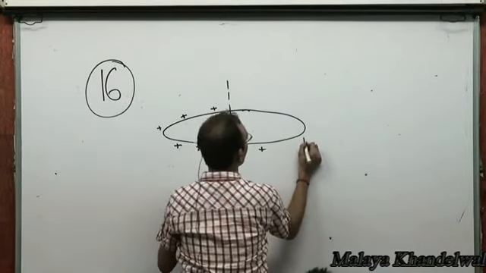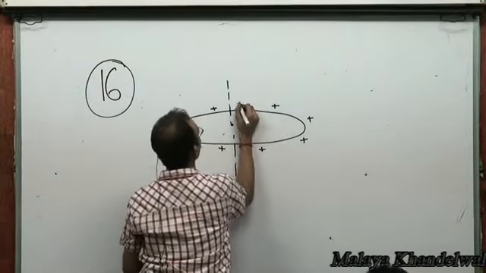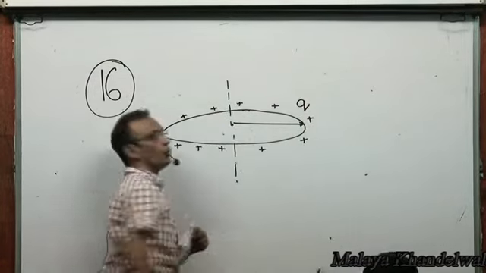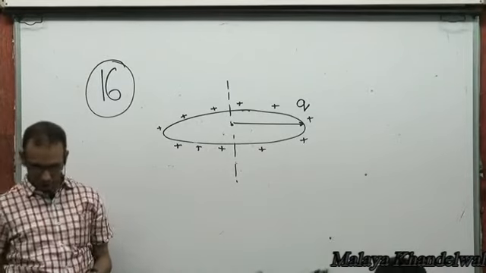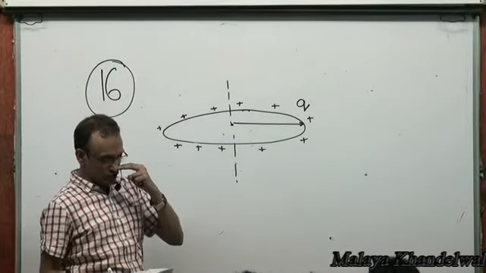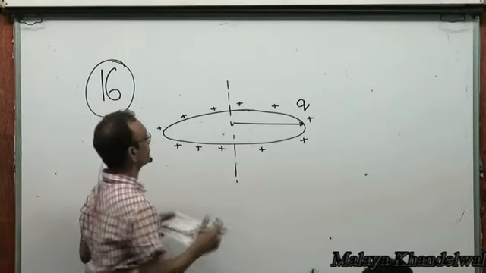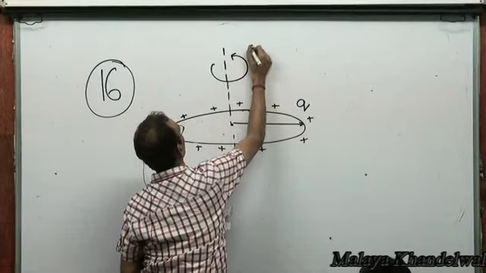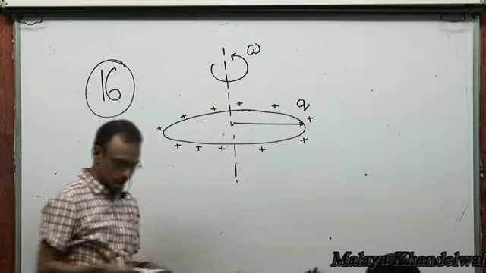This is a circular ring of radius a, and charge q is distributed over this ring. This is placed in a horizontal plane and is rotated about its axis, this is the axis, with an angular velocity omega.